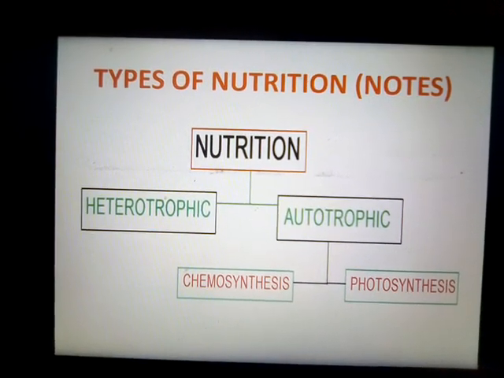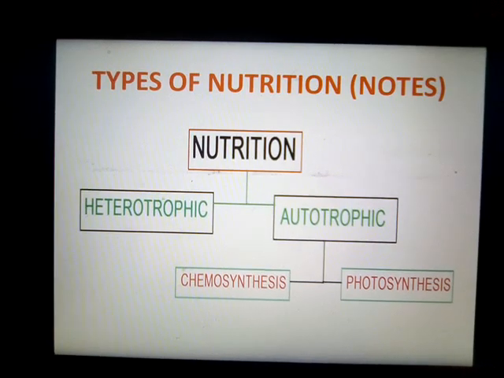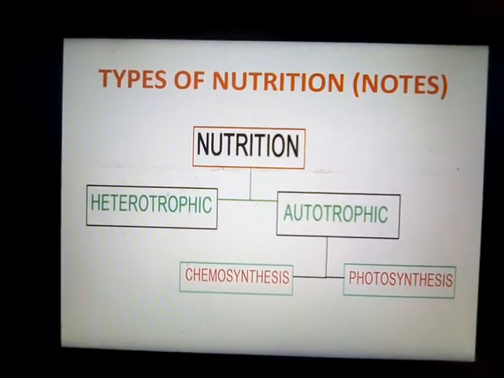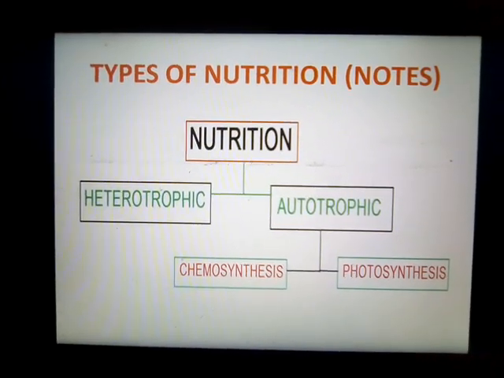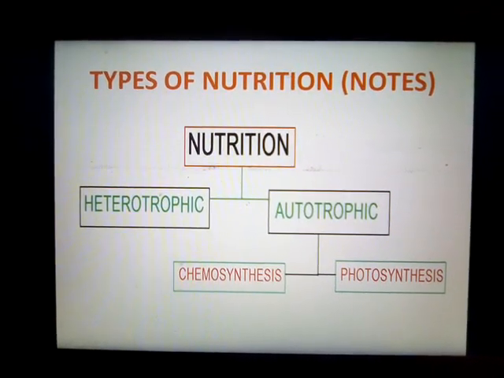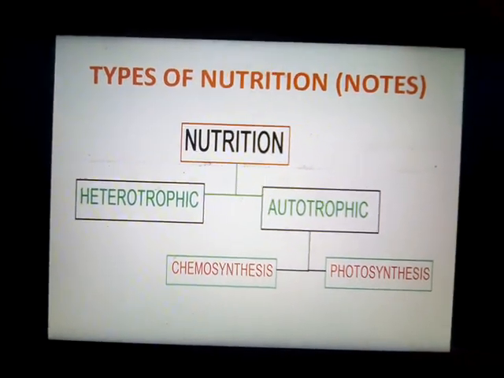Nutrition is the process by which living things obtain and make use of energy-rich compounds.